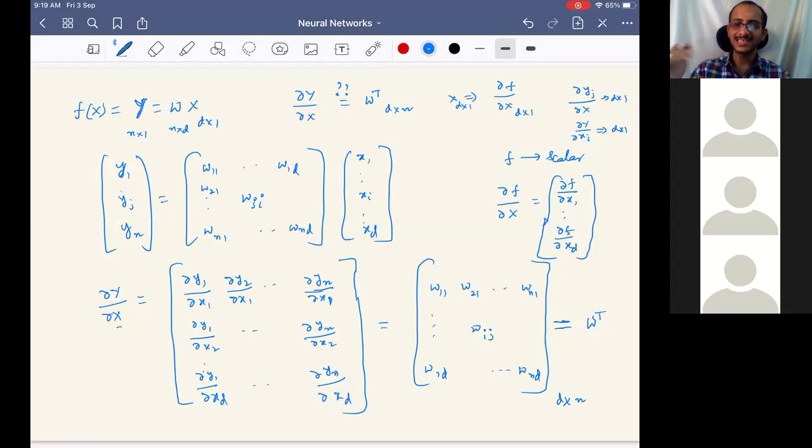Even if both are vectors, we need to write the derivatives of each component versus the other component in an organized, matrix form. So we will have a matrix, and one of them has to be made a row even though both are vectors. We give preference to the denominator, which maintains its structure, and then we write the numerator gradients like this. I hope this is clear.